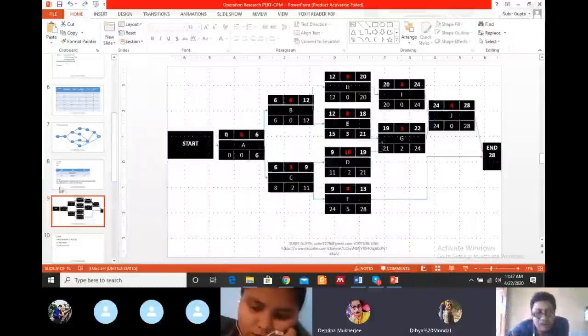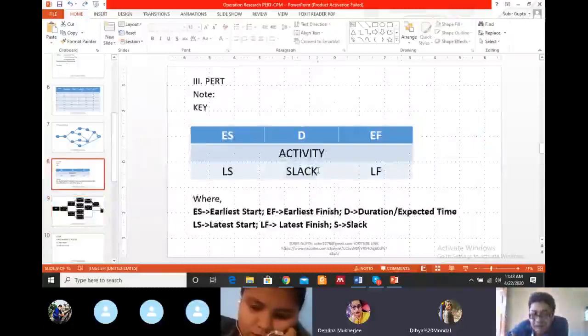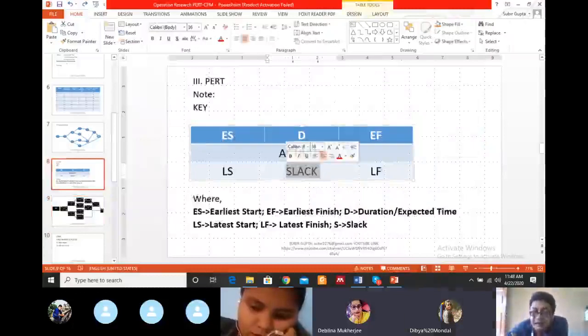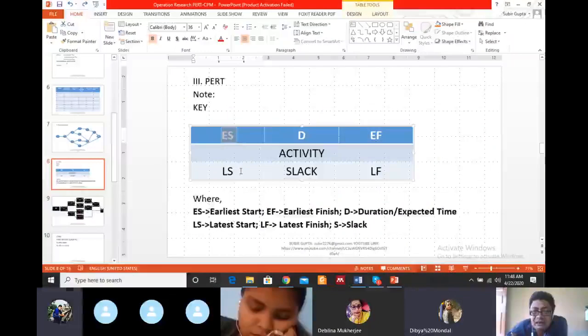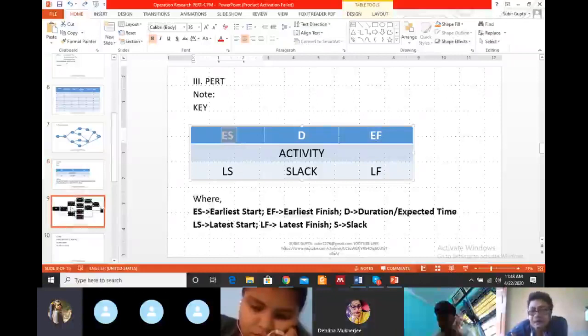Now the last part, that is slack. Slack means the difference between latest start and earliest start. Can I repeat? Slack means latest start minus earliest start.